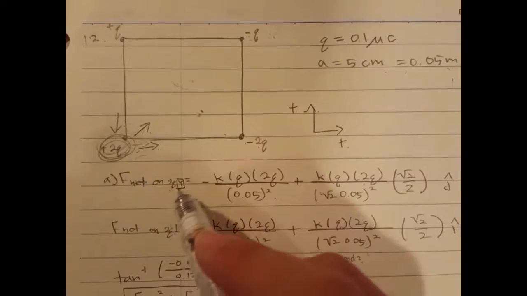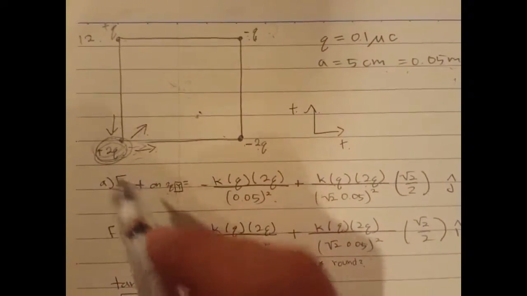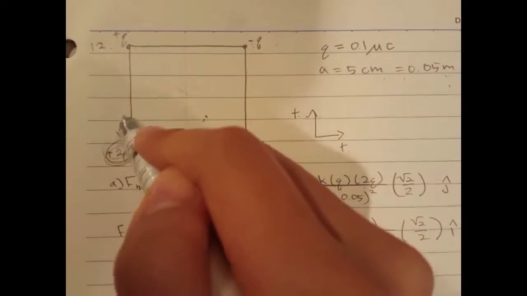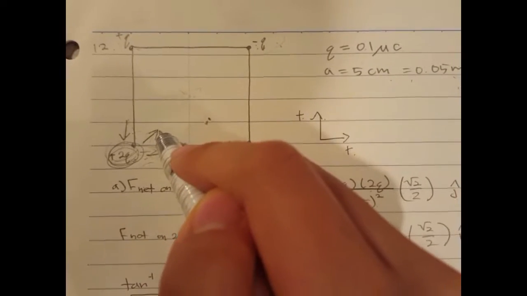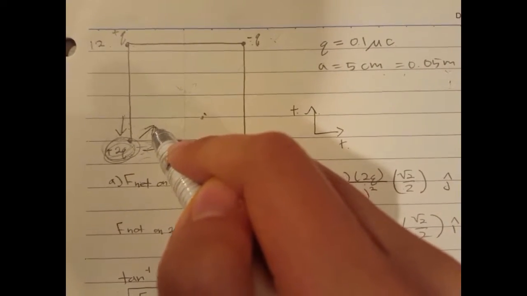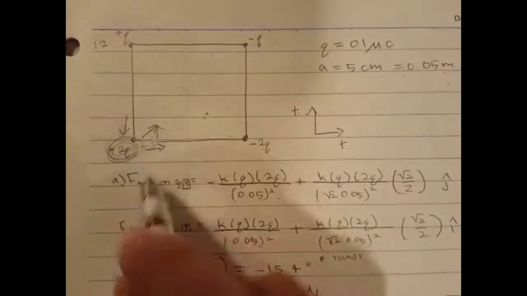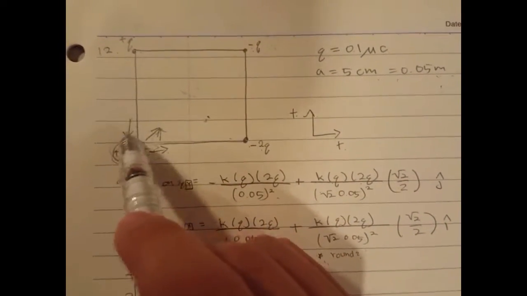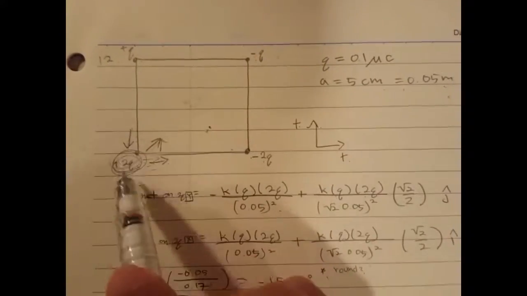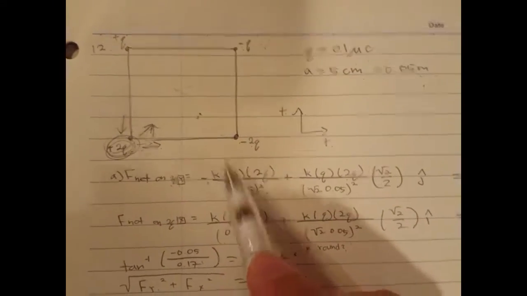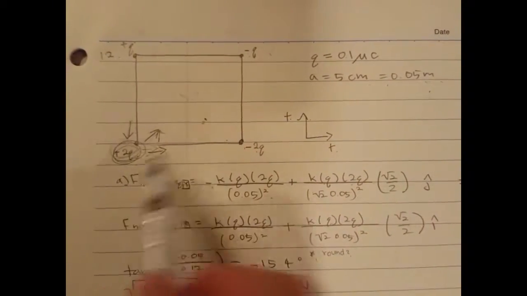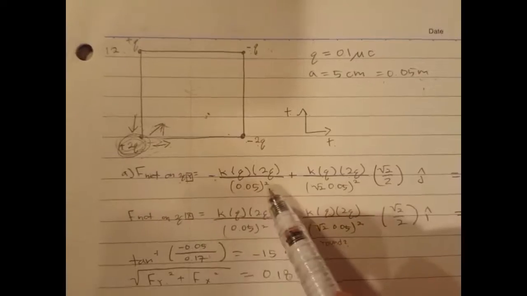We find the y component first, so we're going to look at this force and the component of this force that goes up like that much. This force is going to be negative because it points downwards: negative k q times 2q over the distance squared.